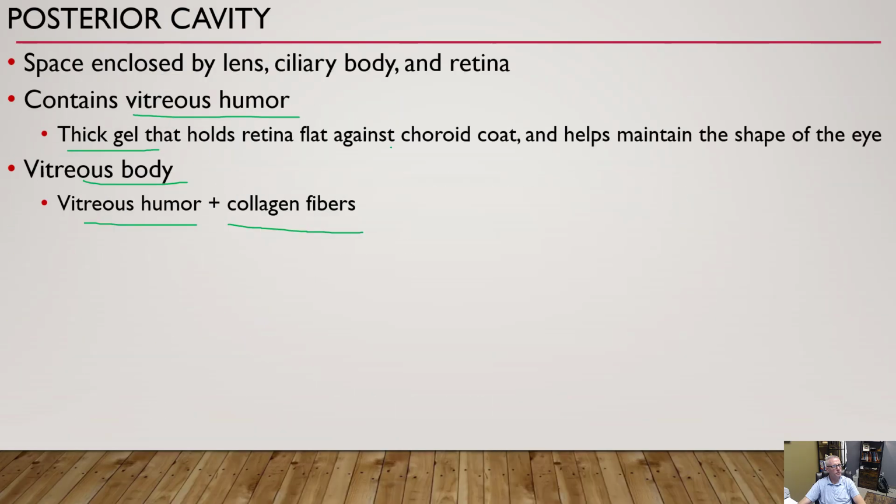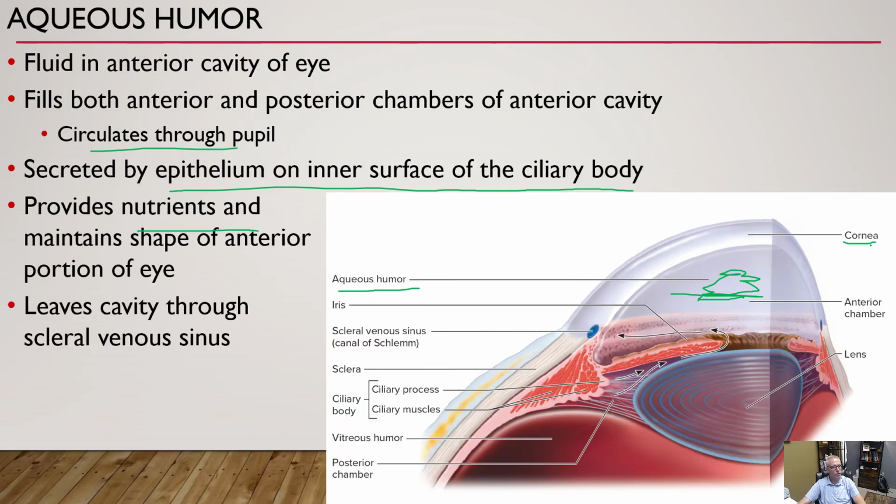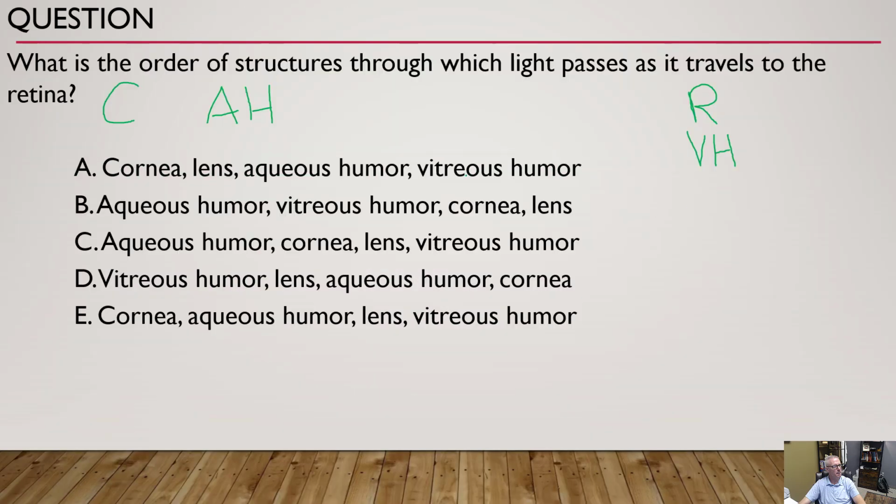So we have our cornea, aqueous humor, then we have our lens, and then we have our retina or vitreous humor.